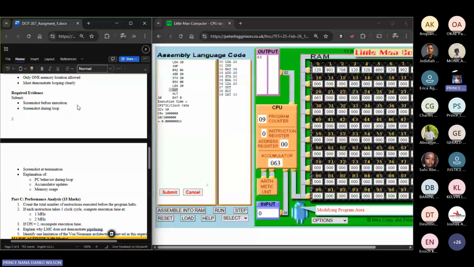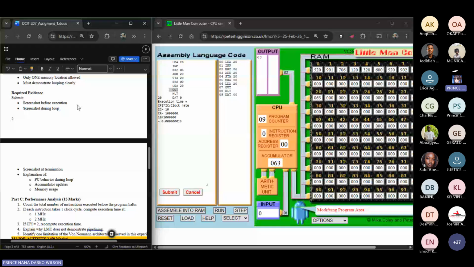Yes. Are you sure? All right. And then when the question says 2 megahertz, you use the very same thing, but this time 1 megahertz is 1 million, therefore 2 megahertz will be 2 million. So you rewrite the very same values, and this time you divide by 2 million. Now it says if the CPI is equal to 2, then recompute execution time.